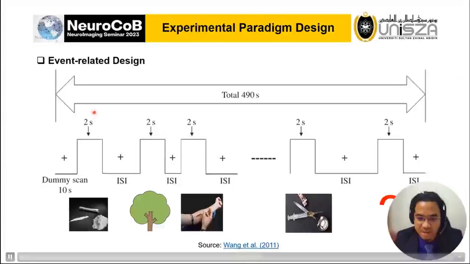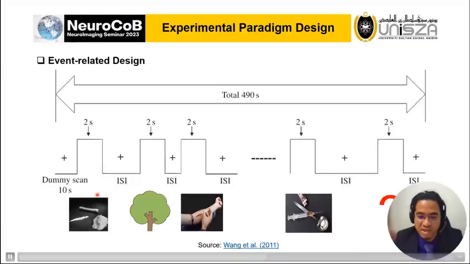You can see here, the 2 seconds here refers to the presentation of the stimulus. Here ISI refers to the gap or the delay between one stimulus to the other. You can see this one, the gap is slightly longer, and this one, the gap is slightly shorter.